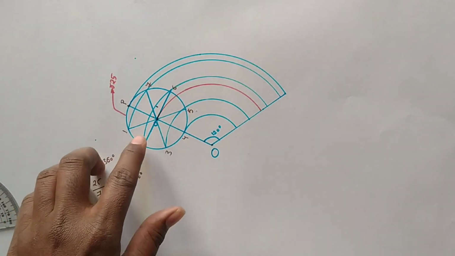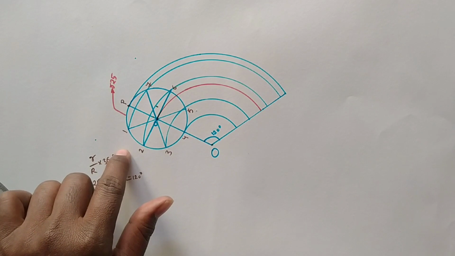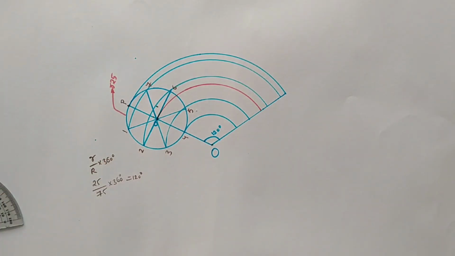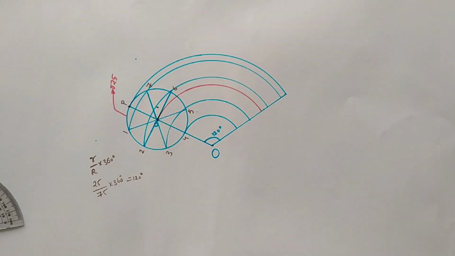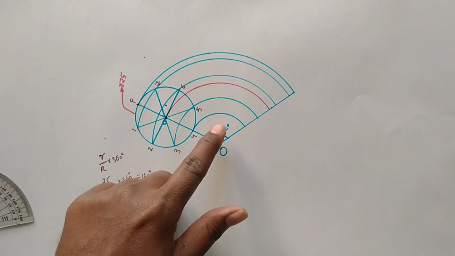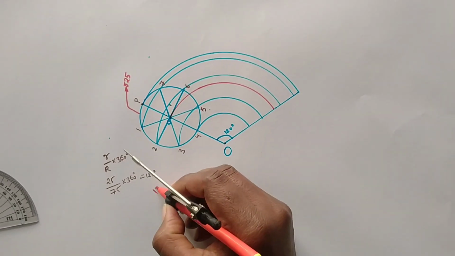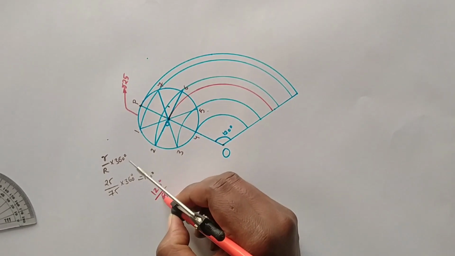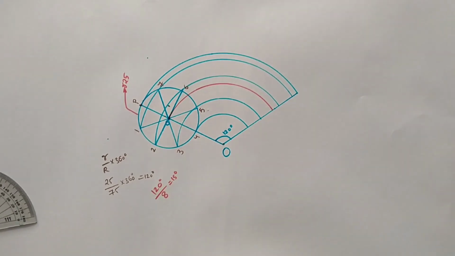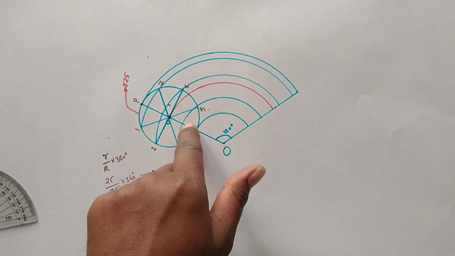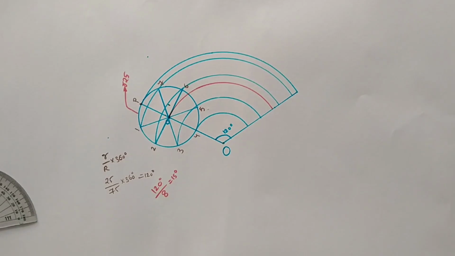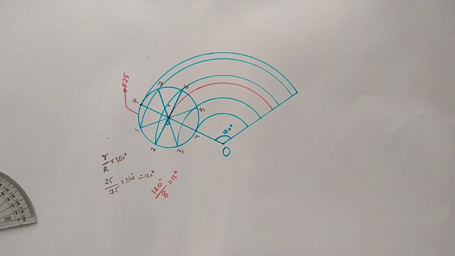Next, I am dividing this rolling circle into 8 equal parts. We have to divide this angle also into 8 equal parts. 120 degrees divided by 8 is equal to 15 degrees. That means if I divide this 120 degrees into 8 equal parts, every part should be 15 degrees.